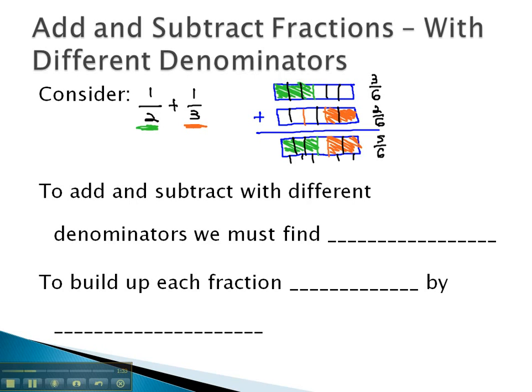What we find is to add and subtract when the denominators are different is kind of difficult to do. Instead of doing it with different denominators, what we will do is find a common denominator.